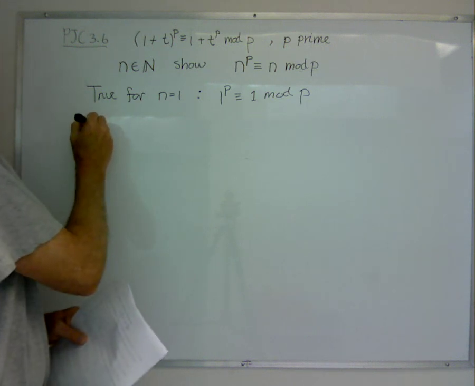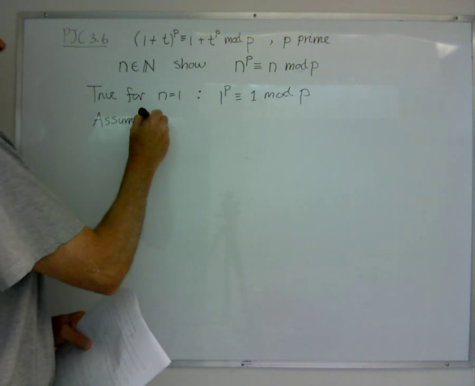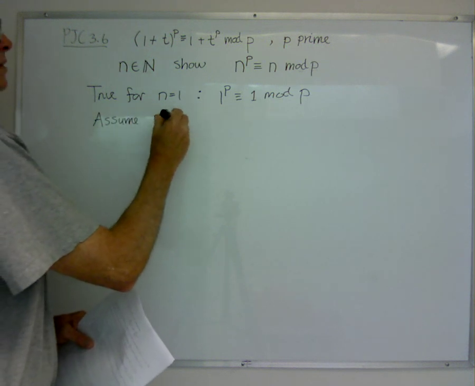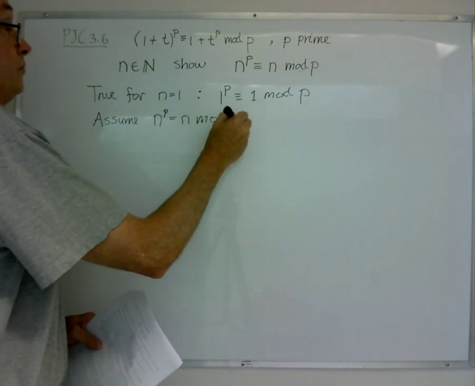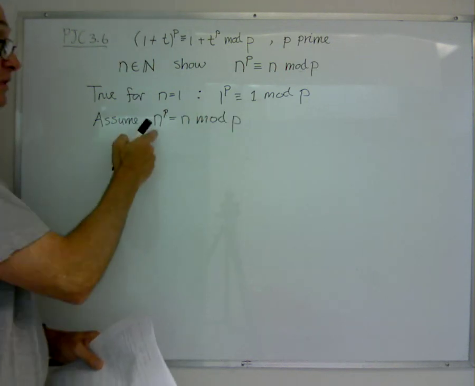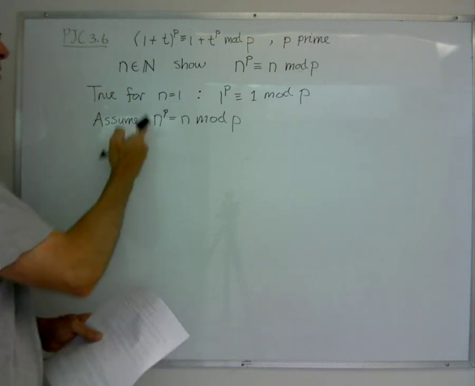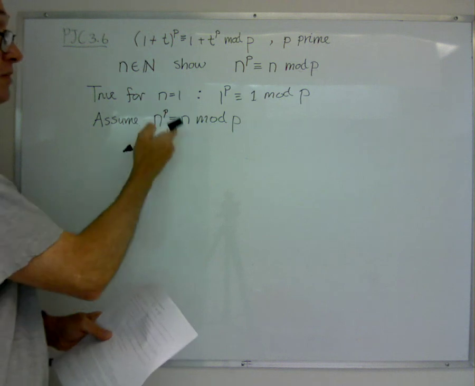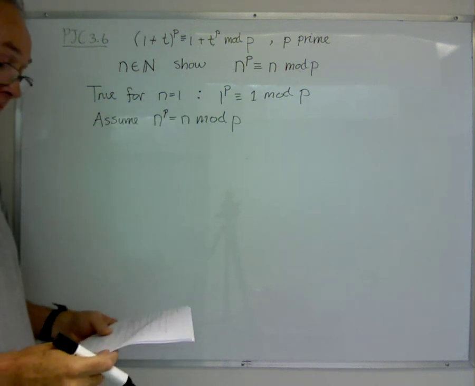The next step is you assume that n to the p is equivalent to n mod p, for this specific value of n, an arbitrary value of n, but fixed. It's at least true for n equal to 1 already, but you assume now it's true for this value of n as well.